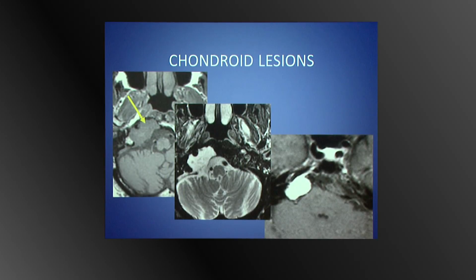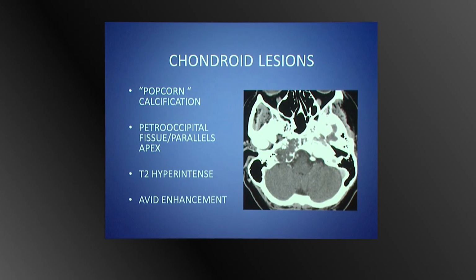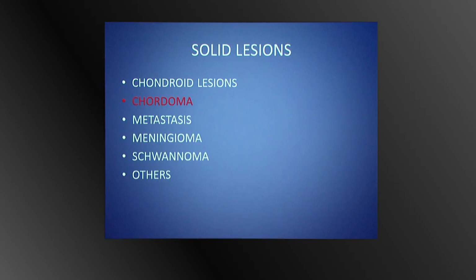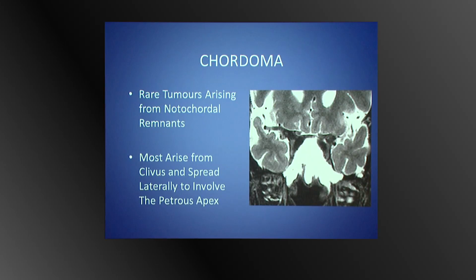MR is not bad for differentiating because you get this very bright T2 signal and they enhance avidly, usually more so than the chordomas, which are the entities which they get confused with. So, hallmark differentiator, popcorn calcification, parallel in the feature, and T2 hyperintensity with avid enhancement. Chordomas, as we know, can arise anywhere from the skull base to the sacrum.